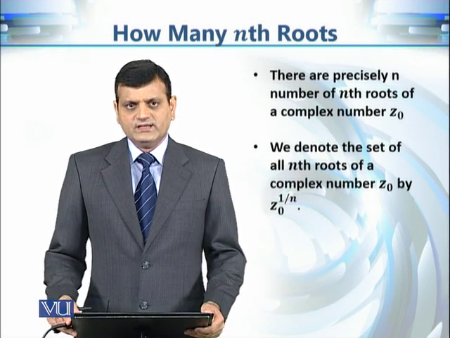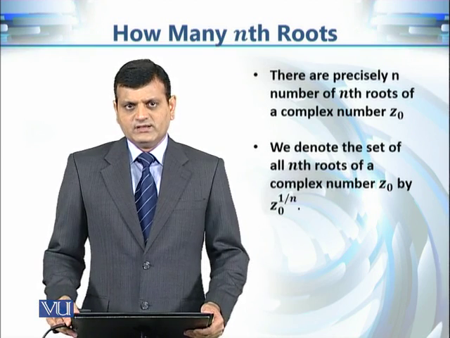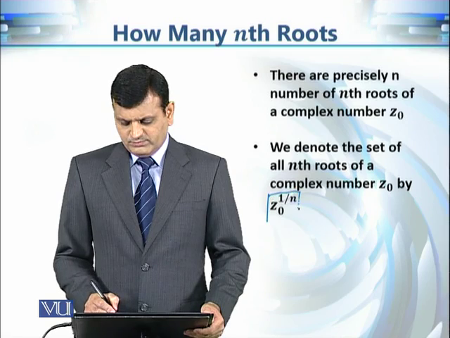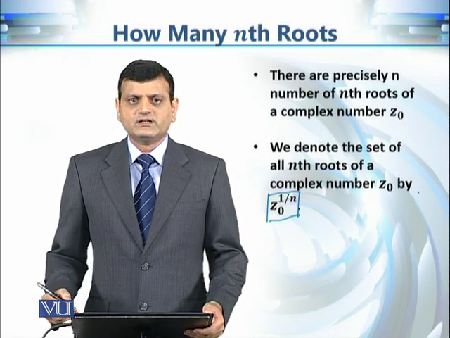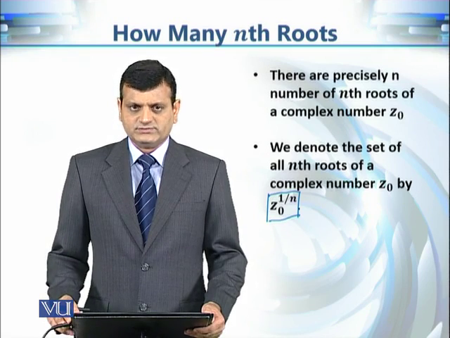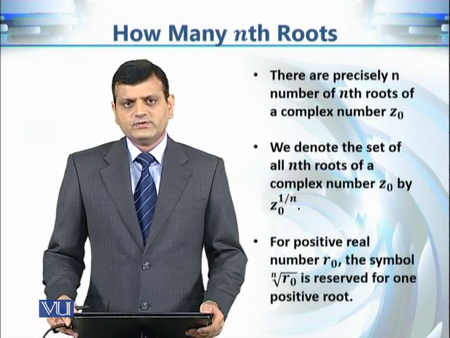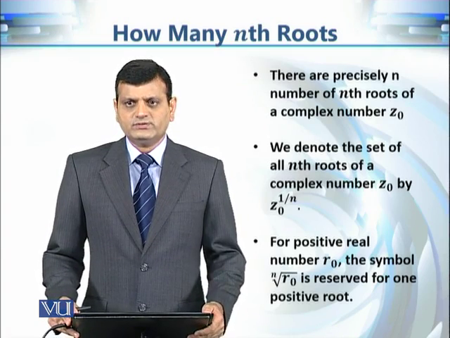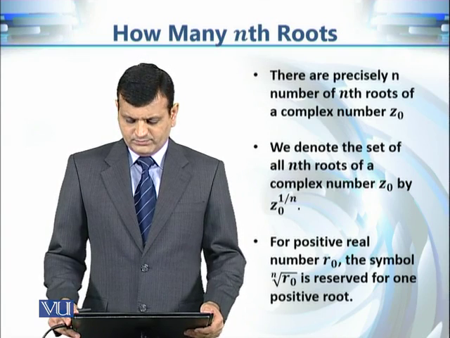Now, since there are many nth roots of a complex number, this expression denotes the set of all nth roots of a given complex number z naught. Now, given any real number, let's say r naught, we know that every real number is also a complex number.